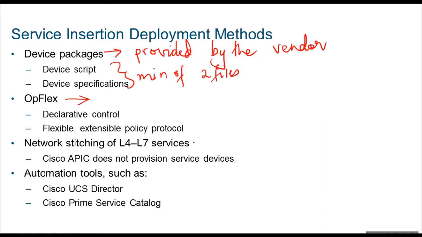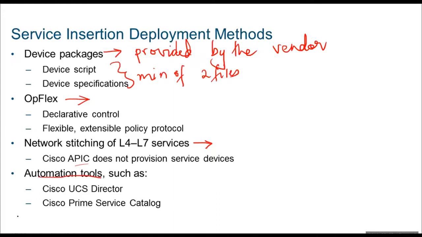Okay. Third approach is the unmanaged mode, totally unmanaged. You just configure the VRF and the VLAN on the access ports. This is when the APIC does not provision the service device at all.